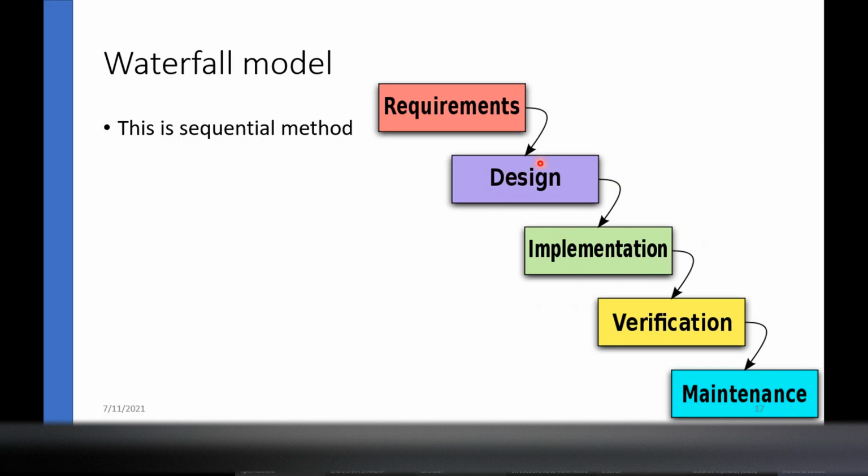Once we complete the design phase, we move to the implementation phase, which is source coding and testing. Implementation mainly focuses on source code, using a suitable programming language and a suitable database language. We have to implement the software.